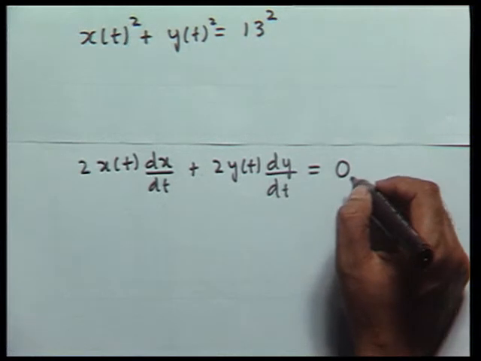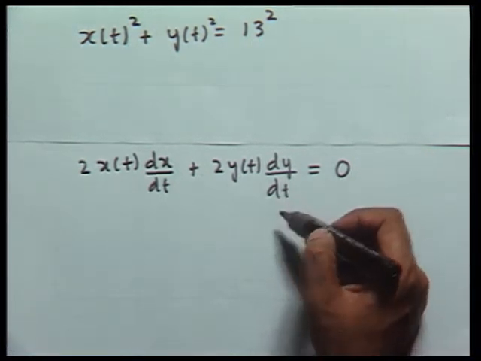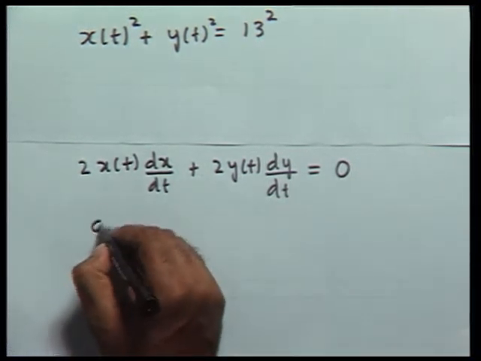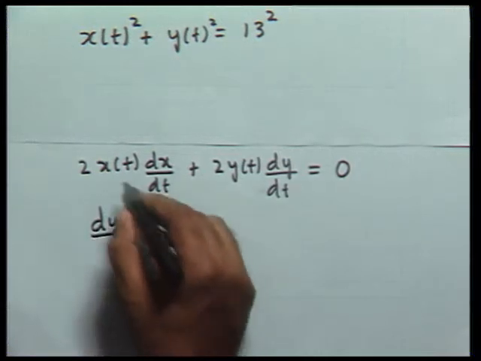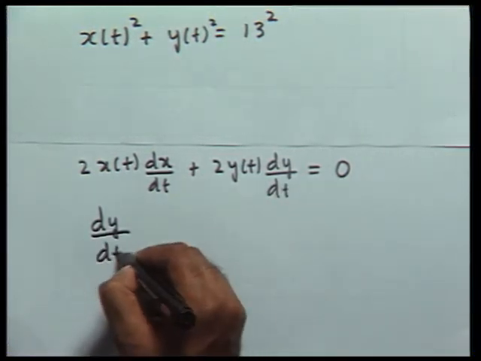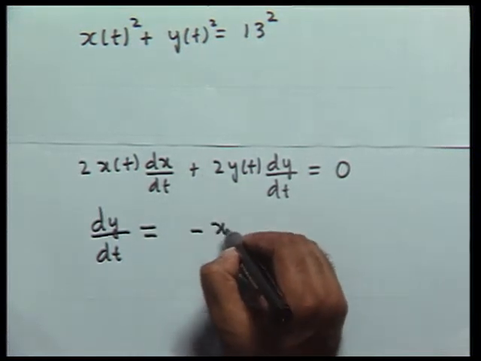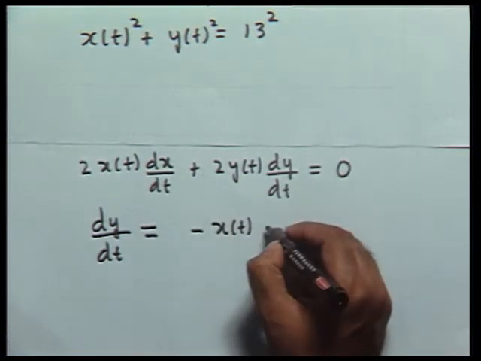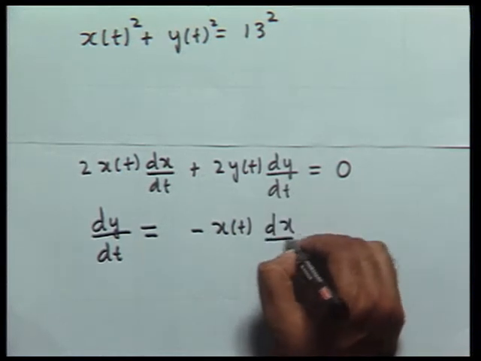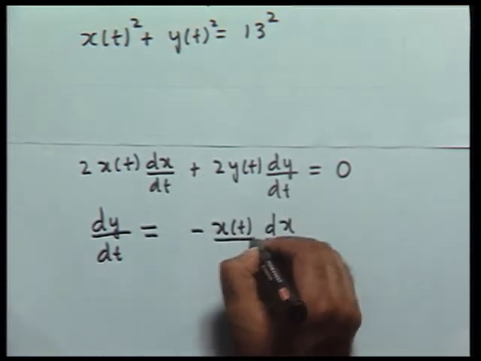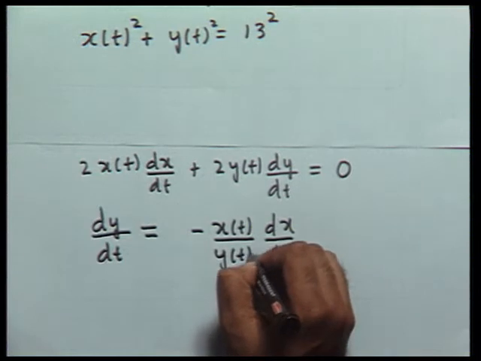And remember, I need to find dy by dt. So, let us just see what we can do with this expression that I wrote here. Dy by dt from here turns out to be equal to minus x(t) dx by dt divided by y(t).